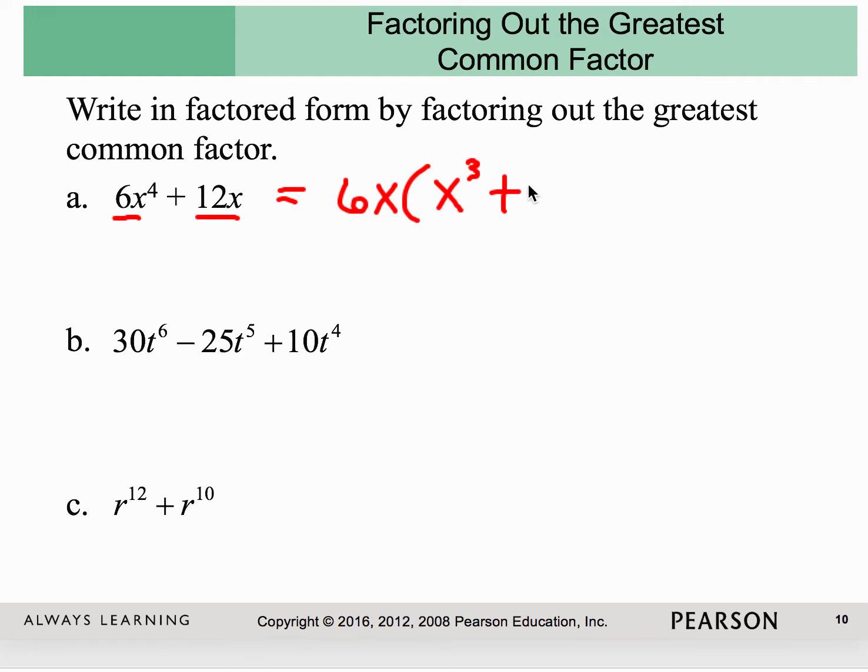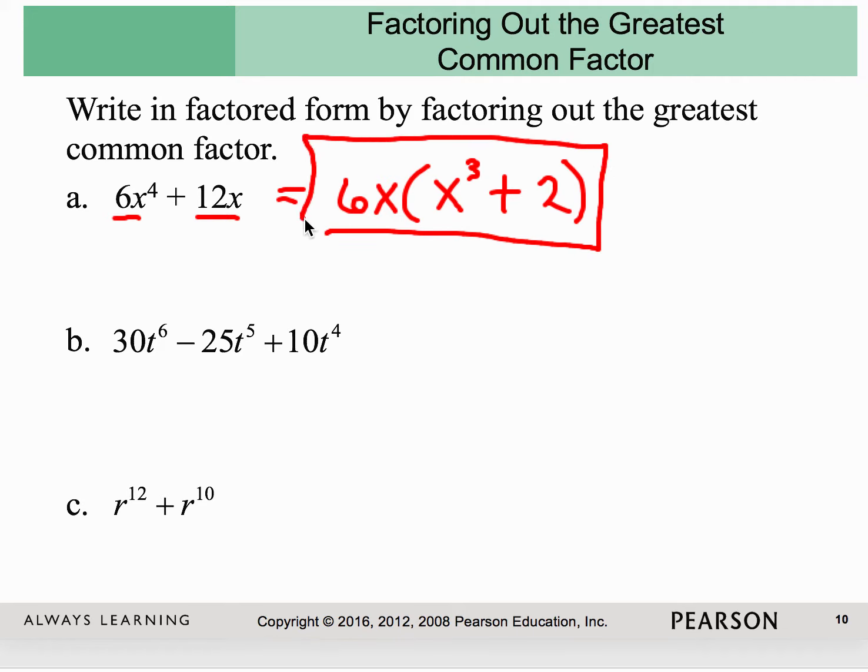What's the other factor? A 2. Okay, or 12 divided by 6, however you want to think of it. I took the whole x out. I didn't leave any of them. So close your parenthesis. There it is in its factored form. And I could always check it by multiplying that out and making sure I wind back up with the same thing.